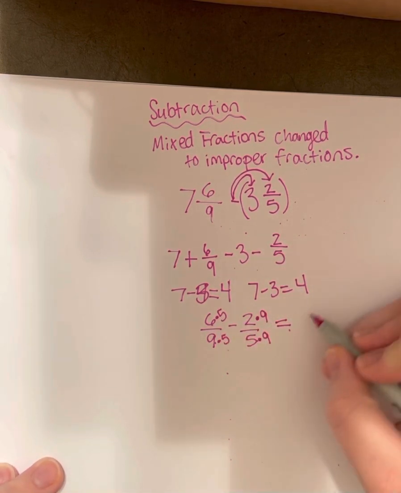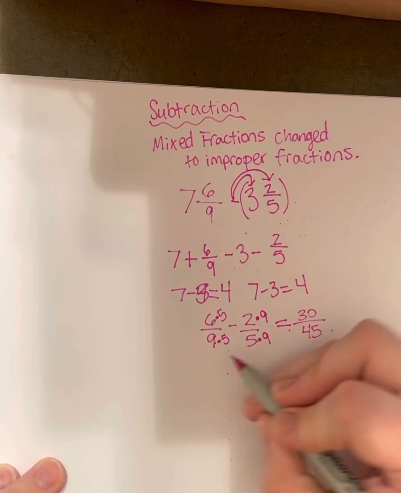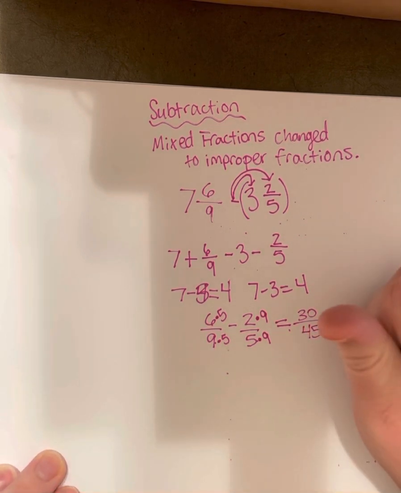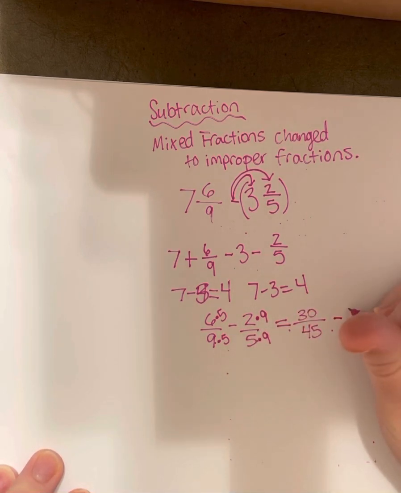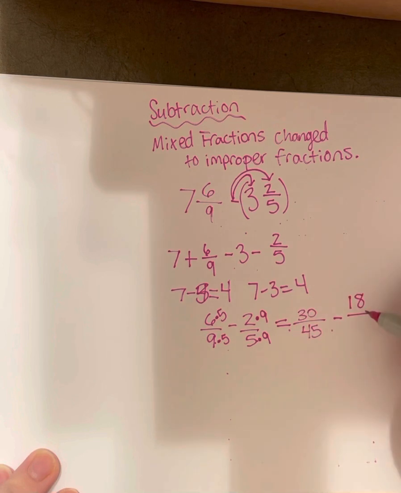So 6 times 5 is 30 over 45, because 9 times 5 is 45. And then we need to subtract 2 times 9, which is 18 over 45.